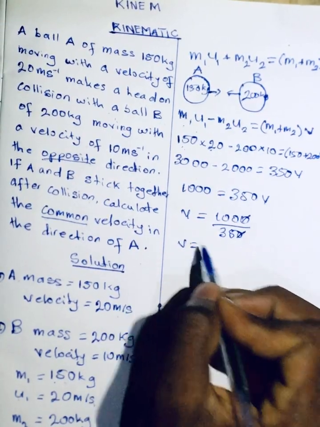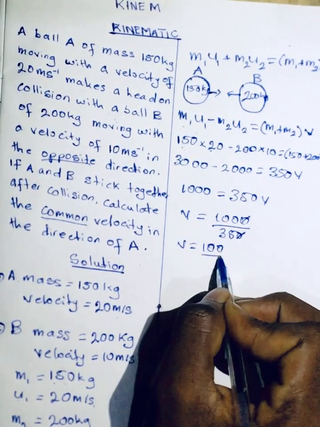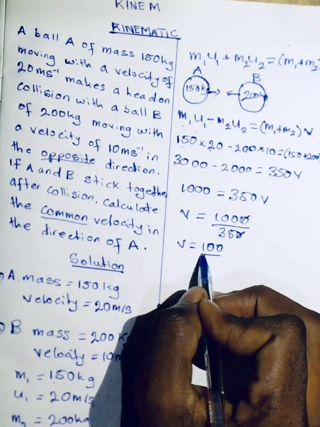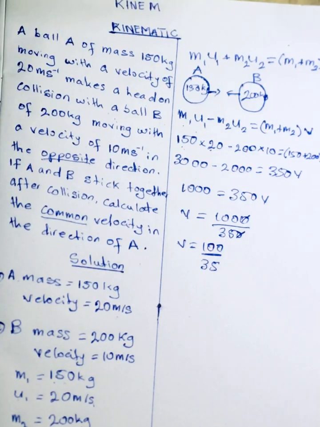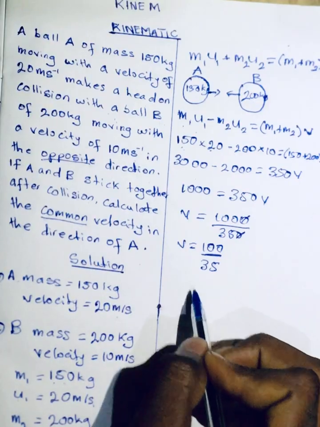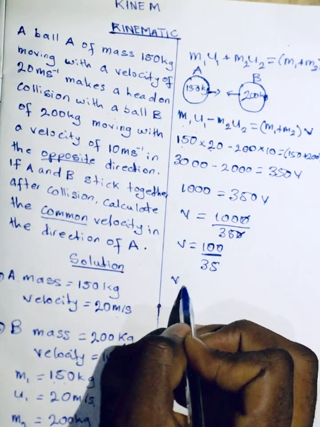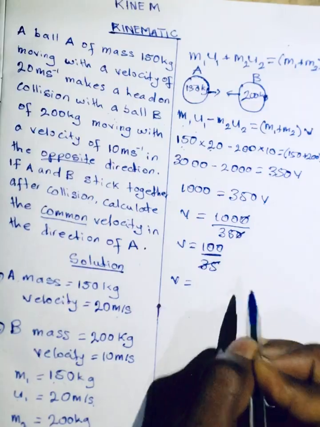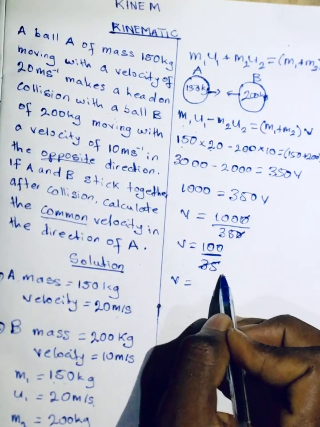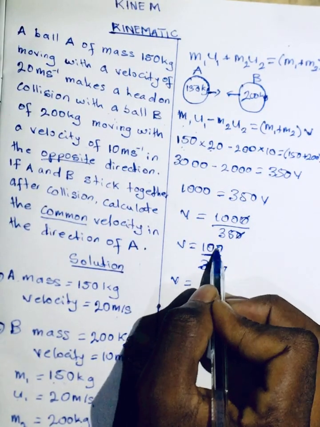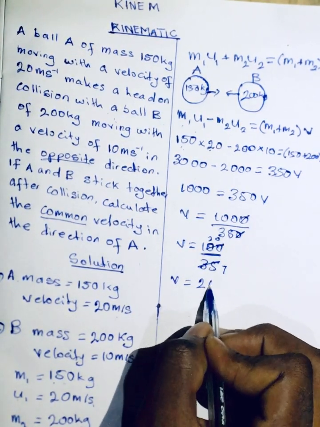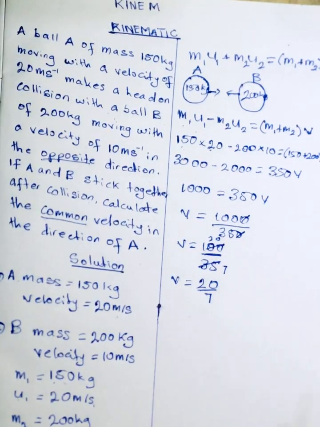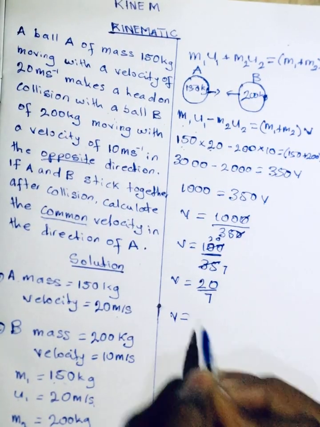The v will be equal to 100 all over 35. In this case, we can use a calculator, but let's break it down further. 5 can go here, 5 will go here, 7, 5 will go here, 20. So we have 20 over 7.